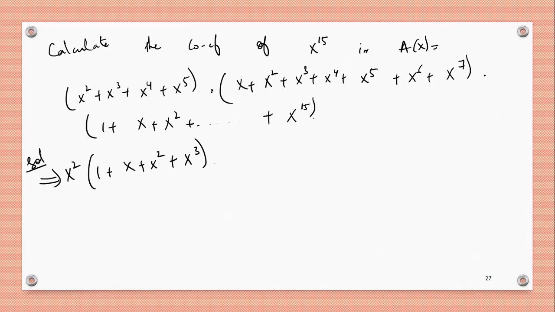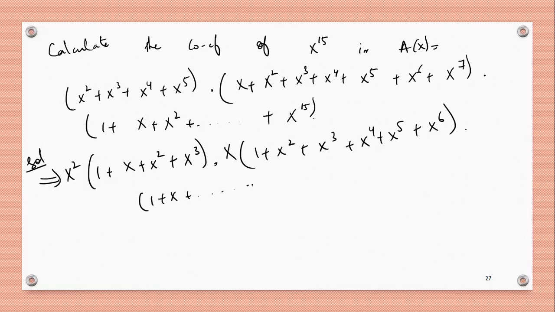Now from here if I take x common, this will become 1 plus x plus x square plus x cube and so on, it will go on till x power 6 instead of x power 7. And here it is already in the form of 1 plus x, so we are not taking anything common. We will keep it as it is, 1 plus x plus and so on up to x power 15.